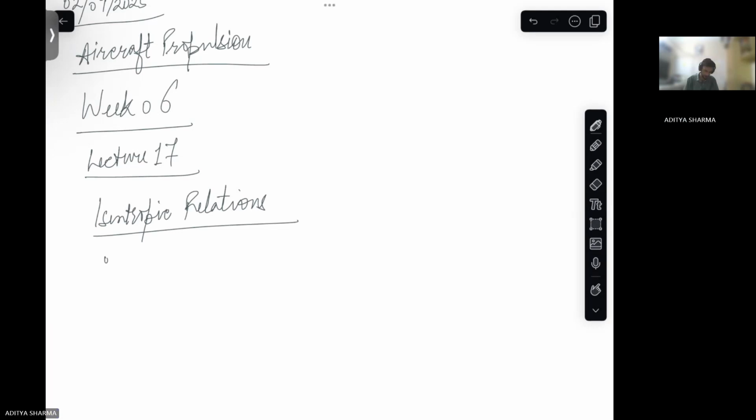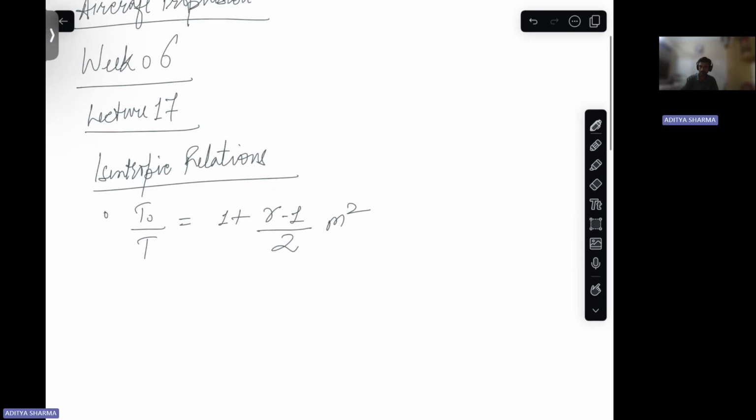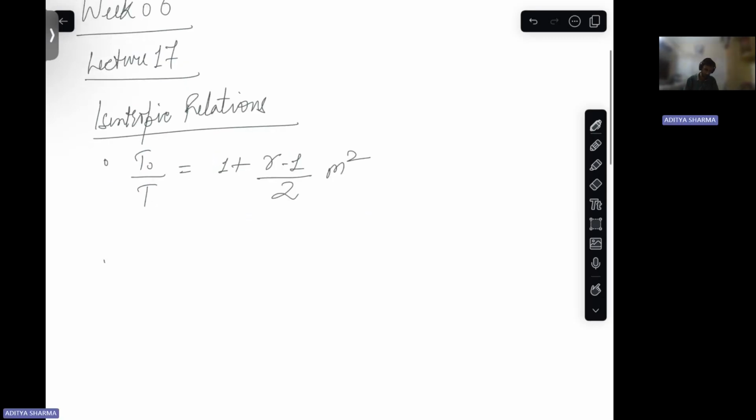First, in isentropic relations, you can relate the stagnation property with the static property. The numerator is stagnation and the denominator is static. So 1 plus (gamma minus 1) by 2 M squared, this is for temperature. Then for pressure, stagnation pressure to static pressure, this can be done this way.